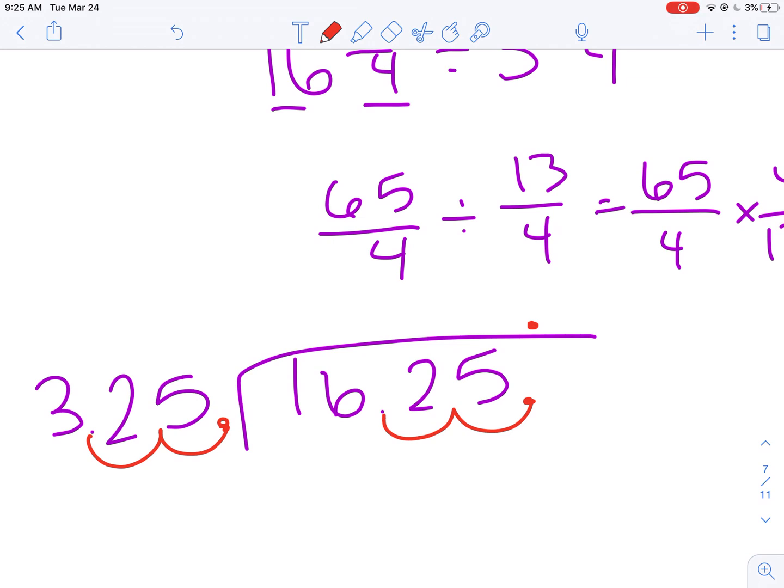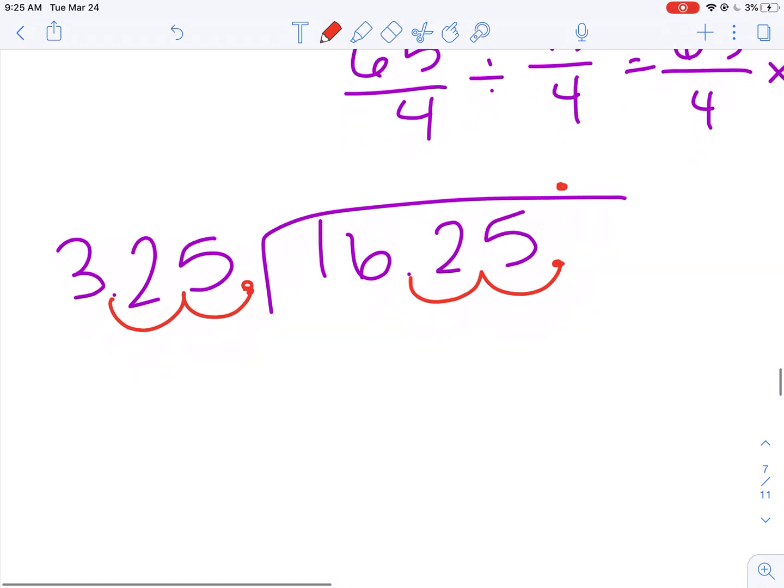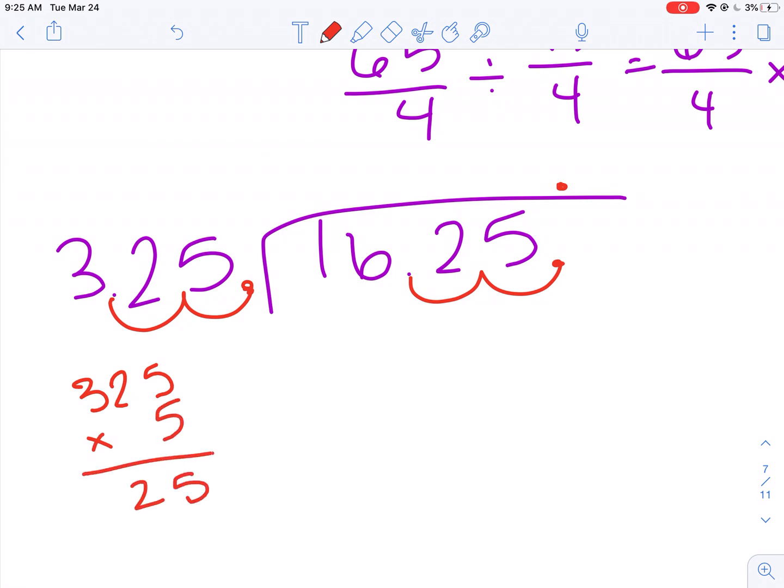325 goes into 1,625. Well, even if you were to just round and estimate, 300 times 5 is like 1,500. So that would be the closest. So even if you just do times 5, 12, 16, so 5.